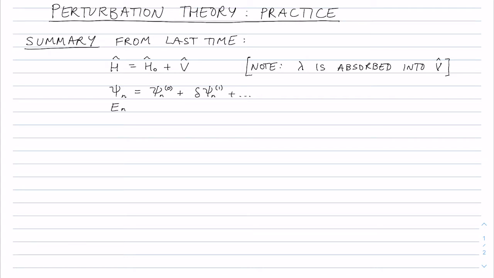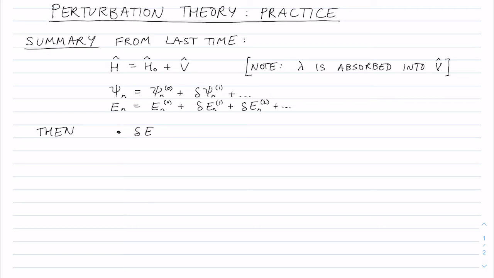And similarly, the energy was the unperturbed energy plus a shifted energy plus a second order correction and so on. And we derived expressions for those, and this is the summary of it.